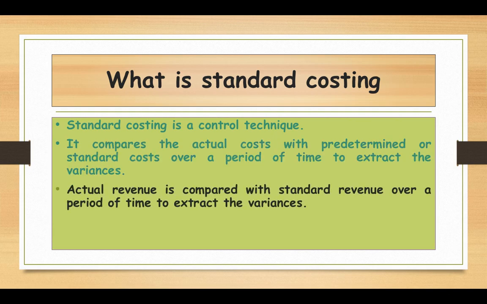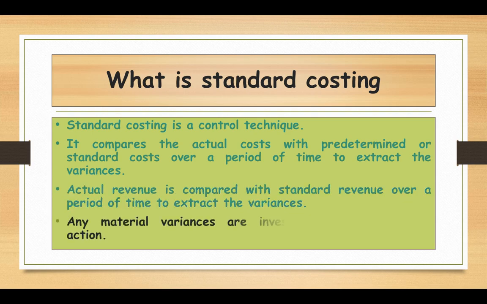Similarly, actual revenue is compared with the standard revenue over a period of time to extract the variances. Any material variances, material means big variances, are investigated so that corrective action can be taken for future performances.